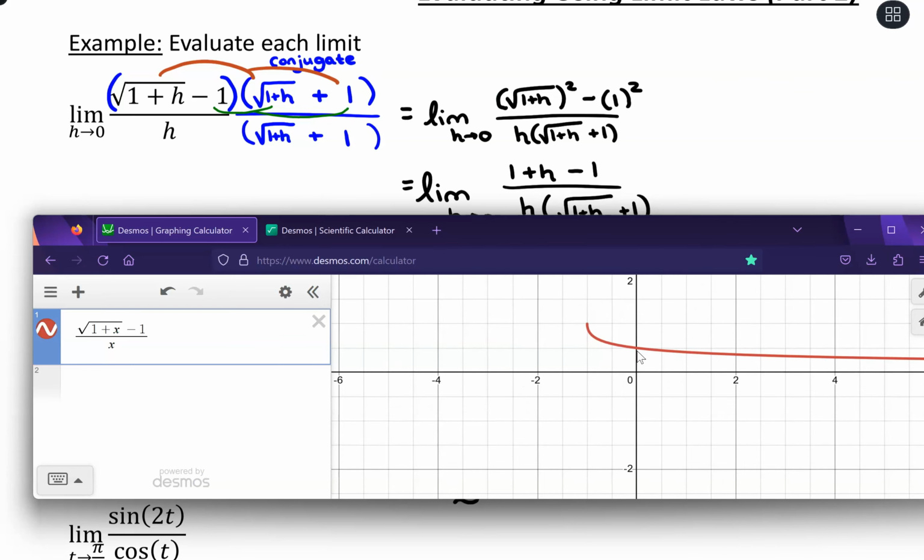So there's our 1, that's 1/2, and even though it's undefined there, what we did is we adjusted it in a way that we're not changing the value, but we fixed the hole that was showing up there so that we could plug in and evaluate that y coordinate.